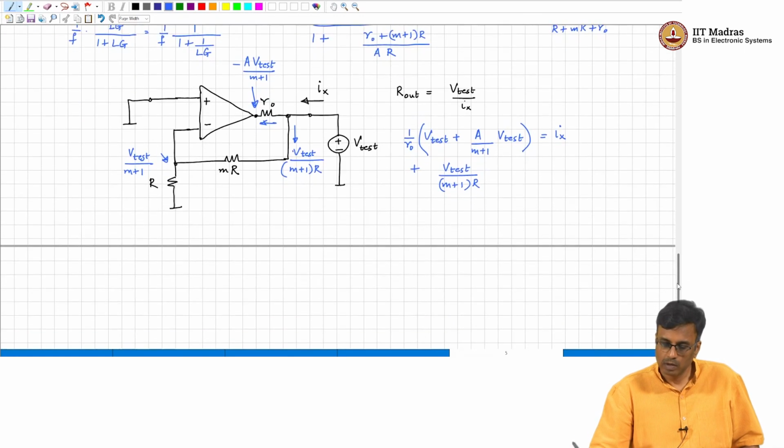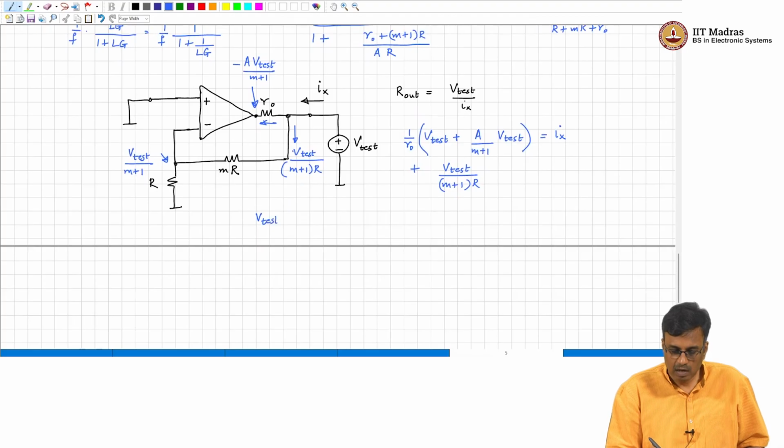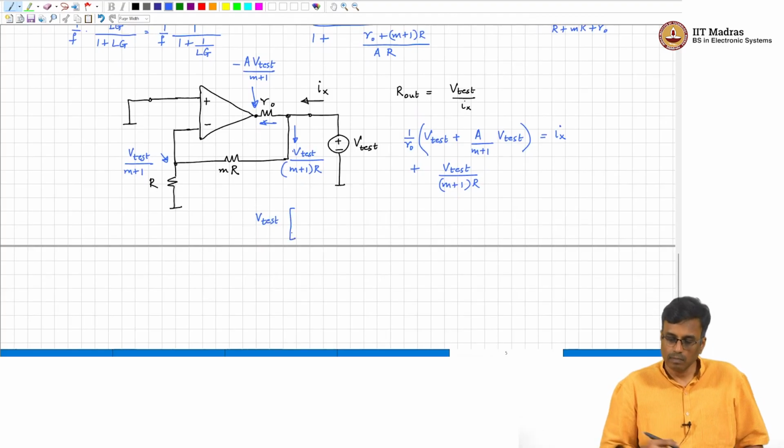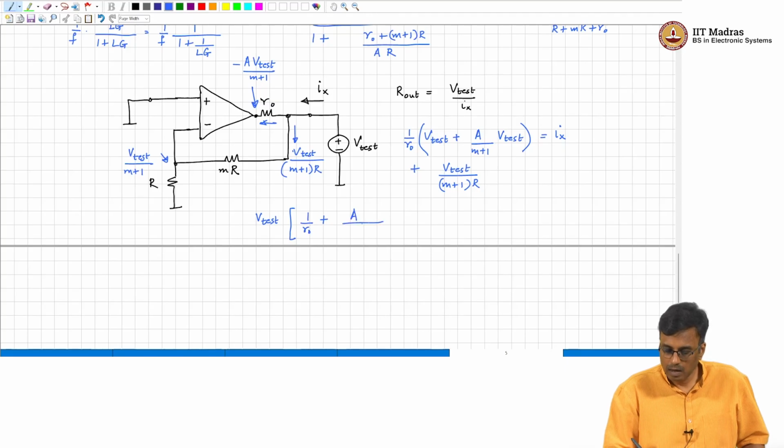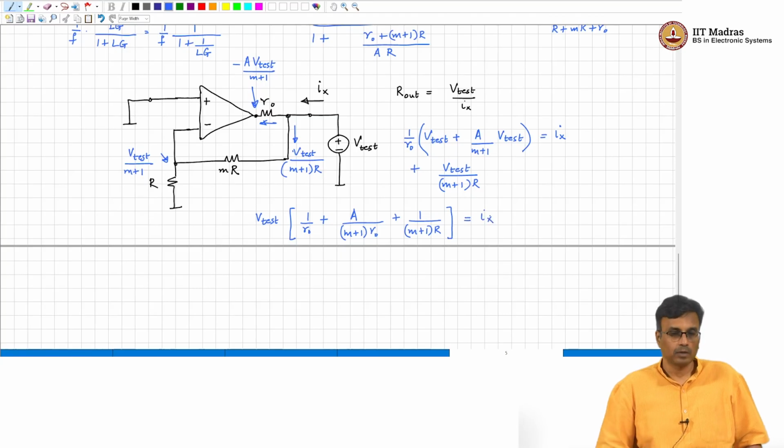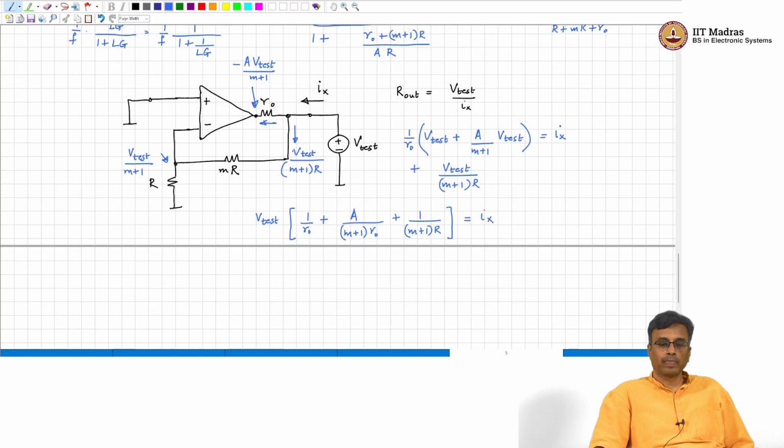So, V test times 1 by R naught plus A by m plus 1 times R naught, plus 1 by m plus 1 times R is Ix. Right.